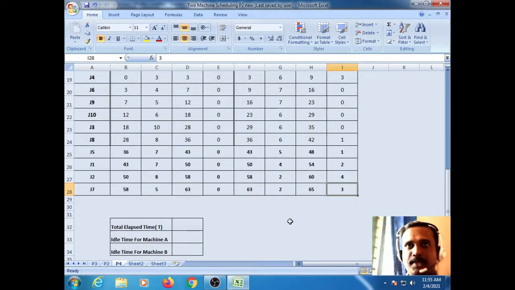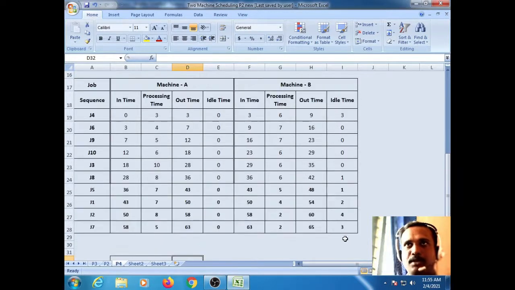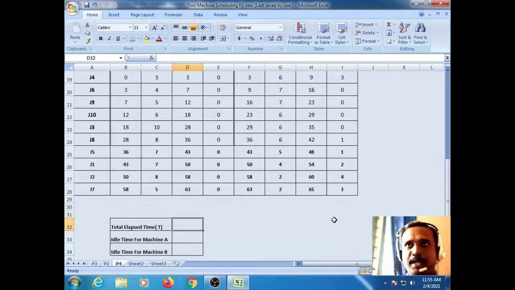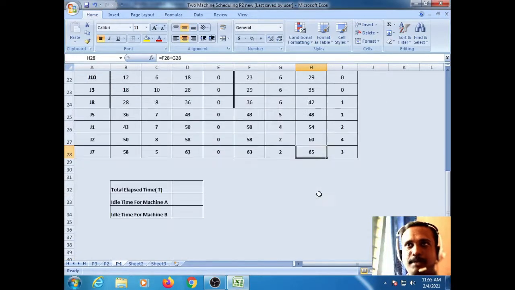According to the problem, what do we have to calculate? The total elapsed time. How will we calculate it? The last out time is the total elapsed time. This 65th hour, or 65 hours, is the total elapsed time.